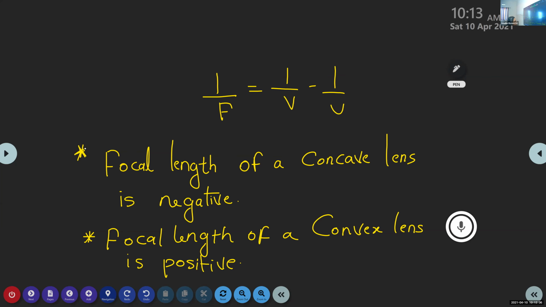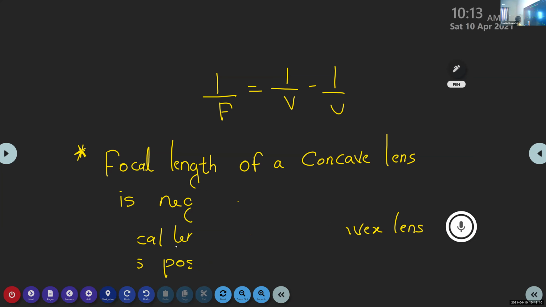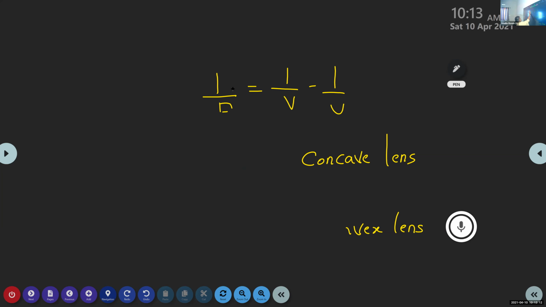The next topic is the magnification formula. Magnification formula for lens.